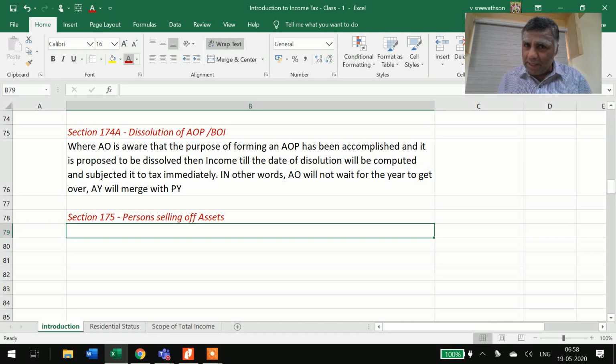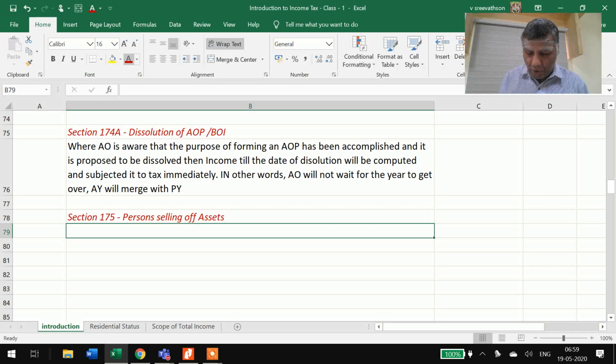Well, selling is a constitutional right. I cannot say that you should not sell your asset. That is your constitutional right. What I can say is pay the tax and sell the asset. That is including the income you get from sale of assets.